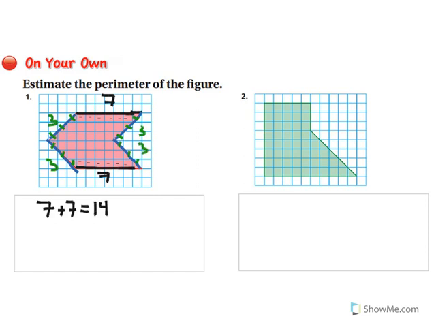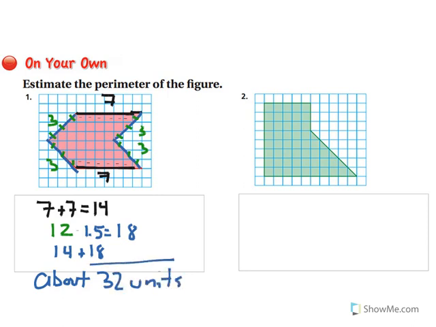So 3 times 4 is 12. Then 12 times that 1.5 gets me approximately 18. So I'm going to do 14 plus 18, and that gets me about 32 units.